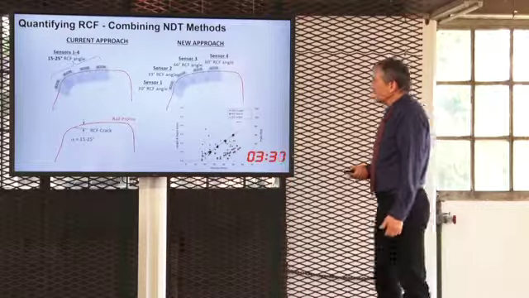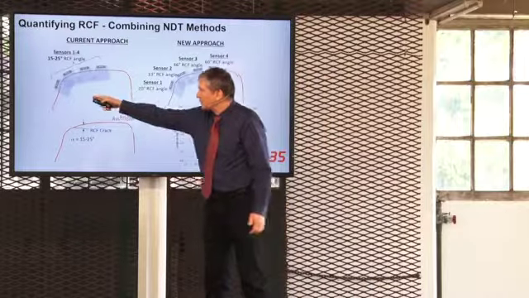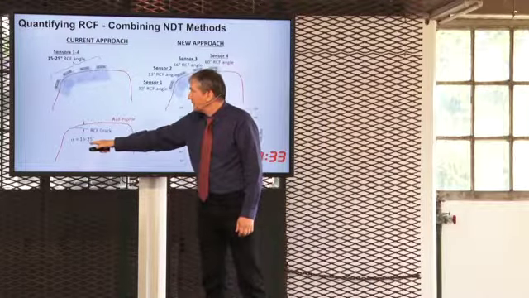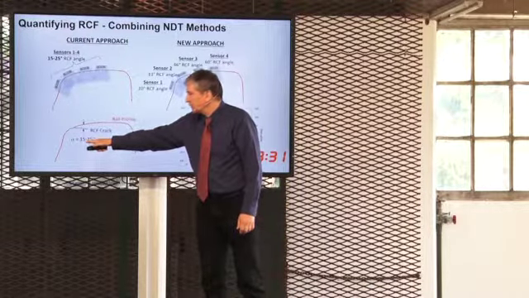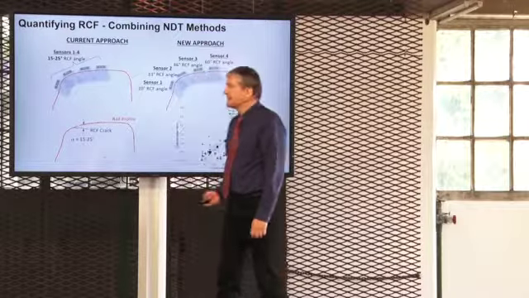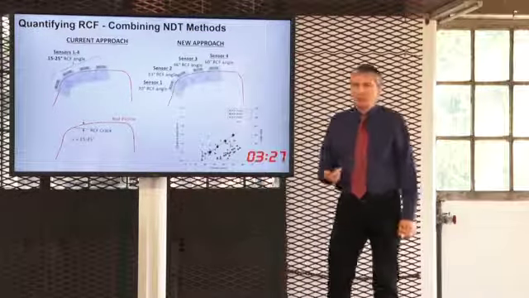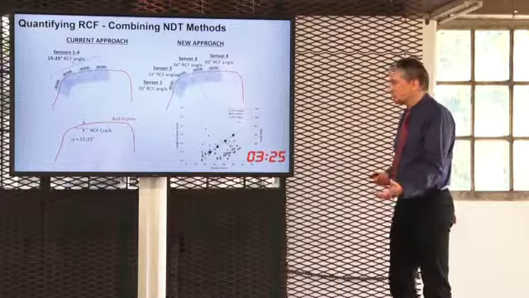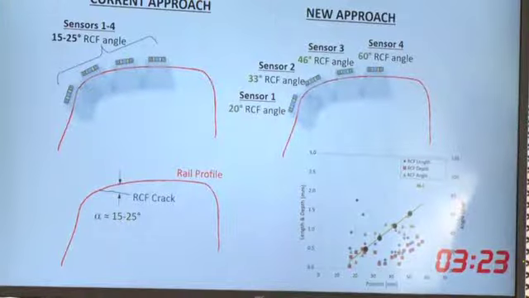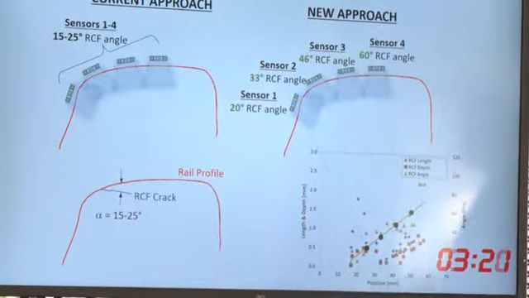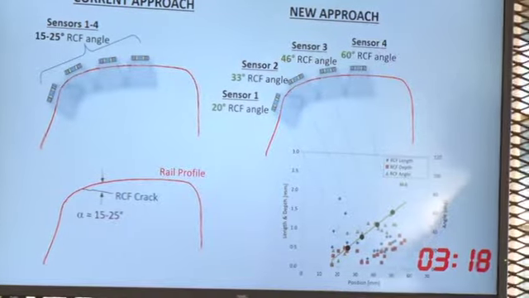The current approach is that if you have 4 different probes, the crack angle is assumed to be between 15 and 25 degrees, and some of those values are bound not to be accurate because you have an assumed value that's inaccurate. What we want to do is change that assumption to a value that's actually measured.